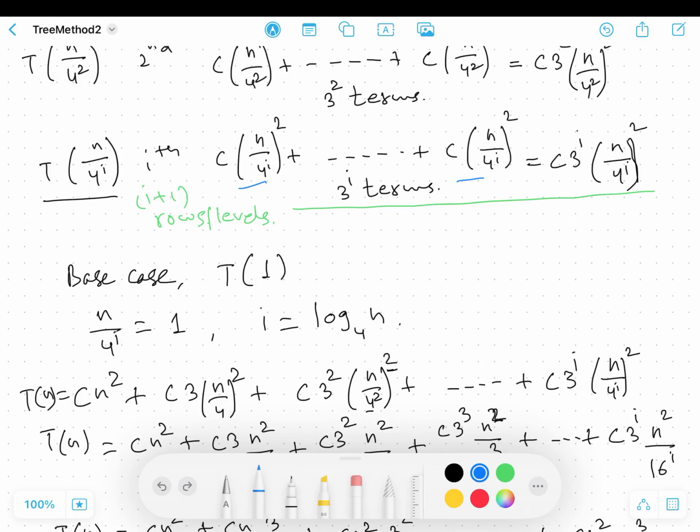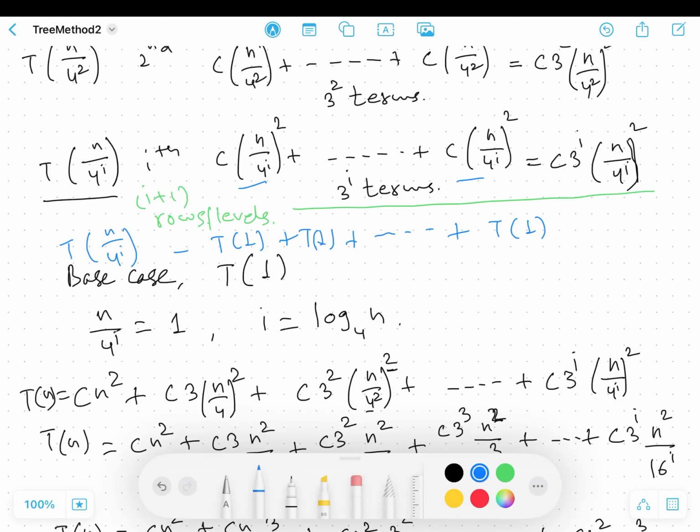So we can say at this level it is T1 plus T1 plus T1, right?